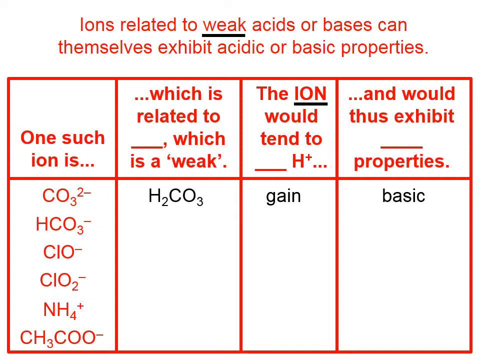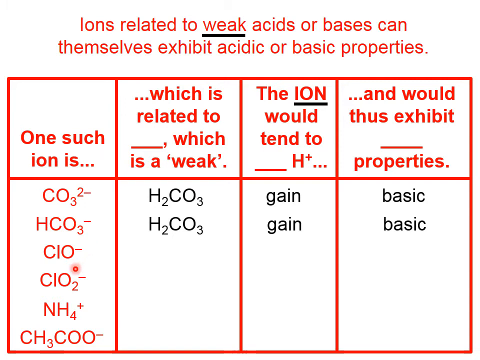Let's look at the next one. HCO3 minus. That's the bicarbonate ion, which is also related to carbonic acid. The ion, again, we're not looking at the acid, we're looking at the ion. That ion would also tend to gain protons and would thus exhibit basic properties. How about the next one?